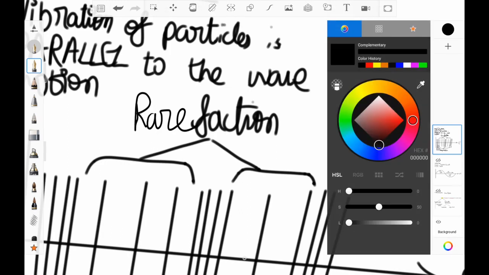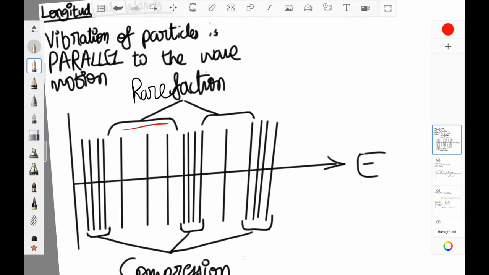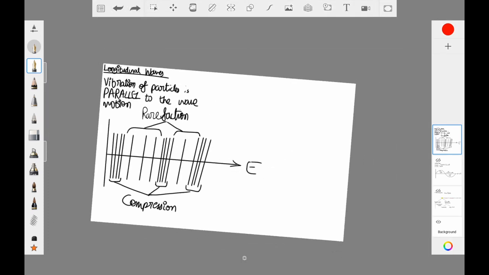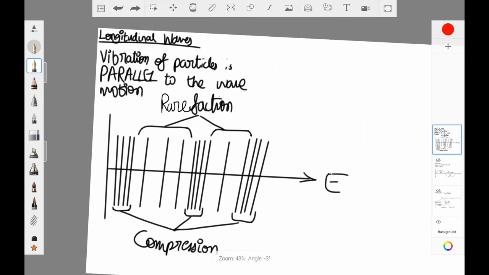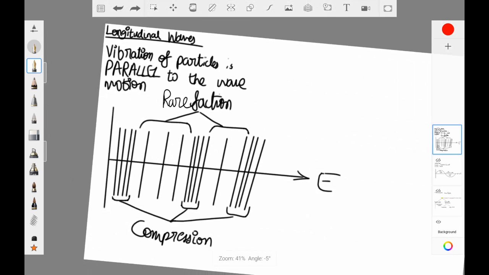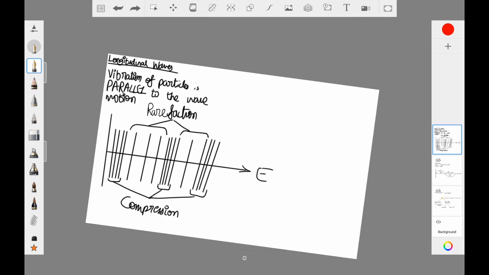Right, so there are also points of rarefaction, where you can see that the wave crests are further apart. Points of compression have higher pressure, while points of rarefaction have lower pressure, and that's what you can tell from the different points of compression and rarefaction.